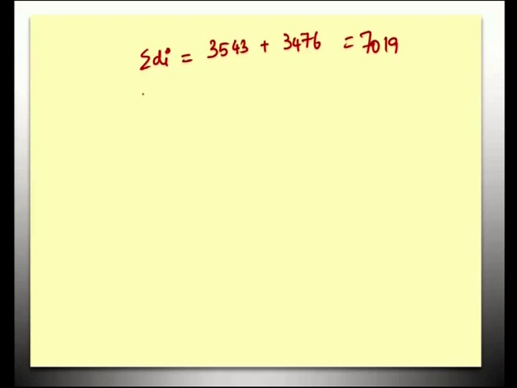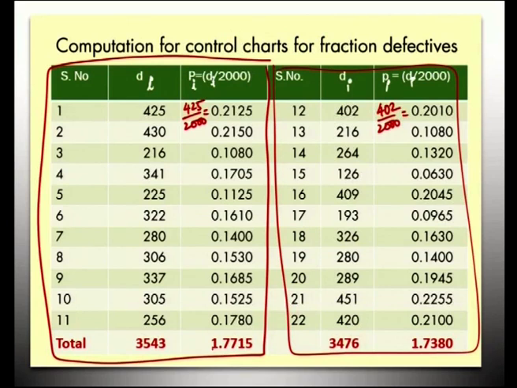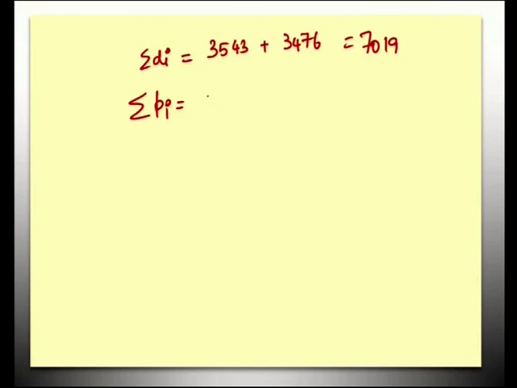Similarly, summation pi for sample numbers 1 to 11 is 1.7715, and for 12 to 22 is 1.7380.